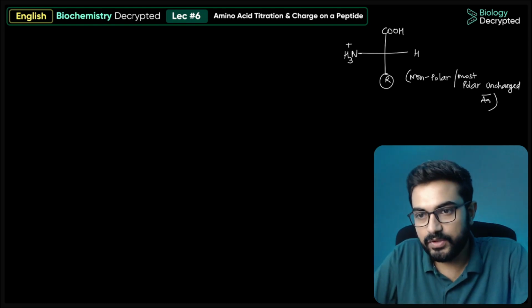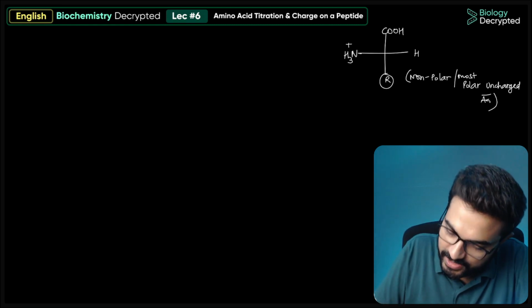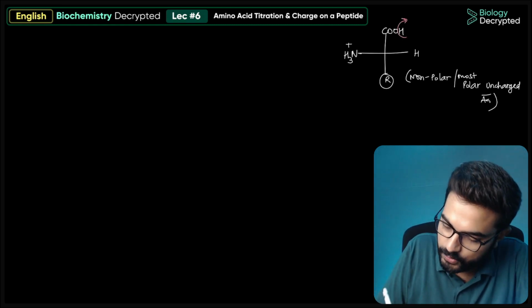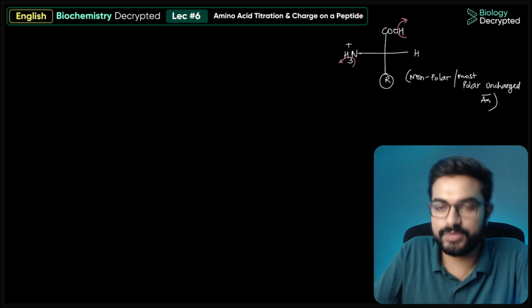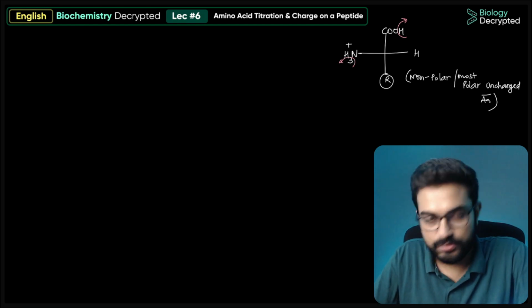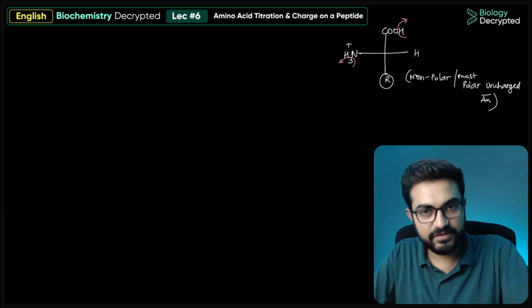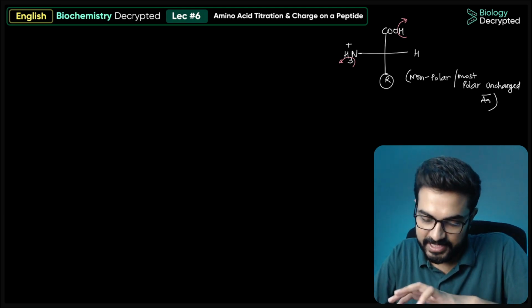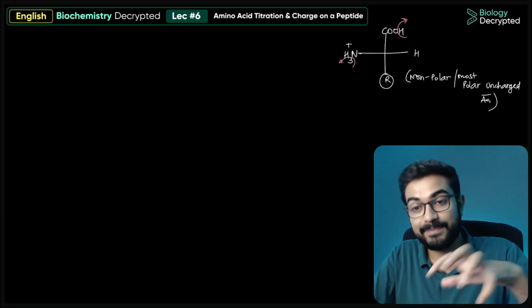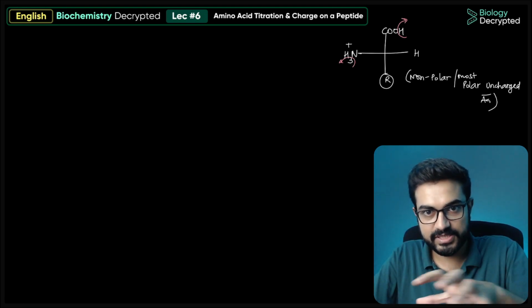So here this one will get ionized, this will lose a proton, and this will also lose a proton. So these two groups will get ionized for sure, and we'll be looking at each of these groups separately, not in this particular amino acid but separately.